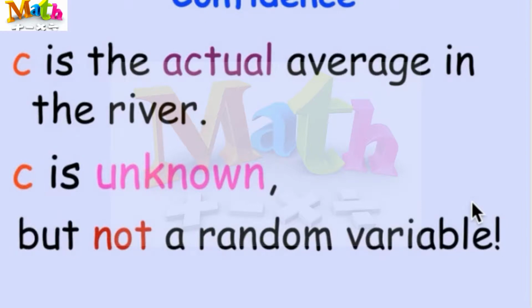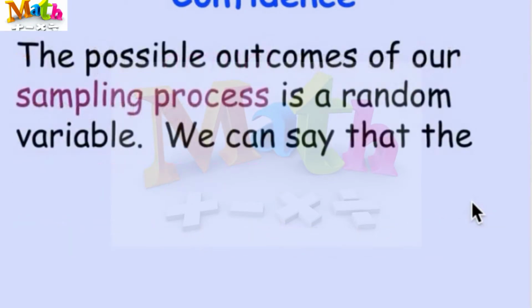What's going on is that we have created a probabilistic model of sampling that has, in our model, this unknown constant. There's nothing probabilistic about the constant. We've introduced the probability by thinking of our random sampling as random variables.